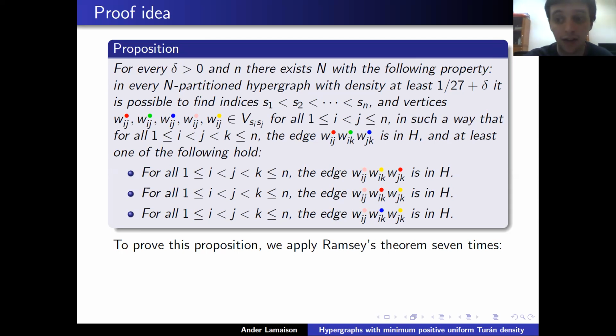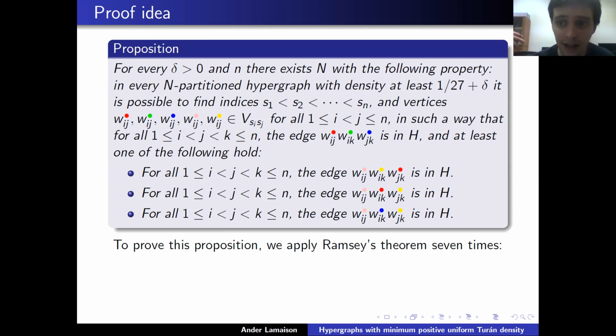Then once we have that, because the density is above this 1/27, that means that there must be some vertices that play 2 different roles. Some vertices that are the left vertex in some triples and the top vertex in others, or some vertices that are left in some triples and right in others, or the top vertex in some triples and right in others.